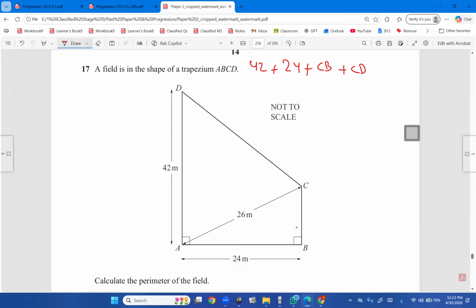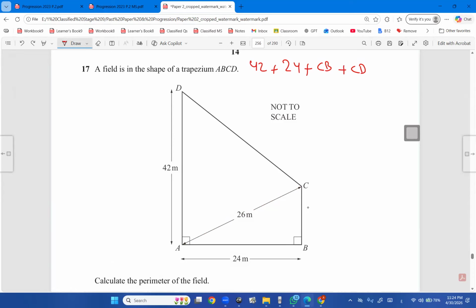CB, if you noticed, you got over here a right-angled triangle. You see that? They even helped you imagine it by drawing this line. So what are we supposed to do? You're supposed to use Pythagoras to find BC, which is one of the two legs, one of the two sides. It is not the hypotenuse.